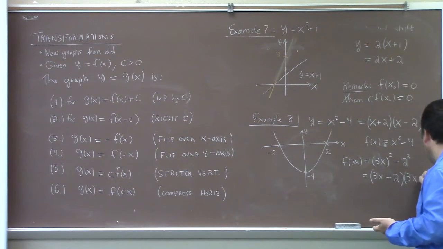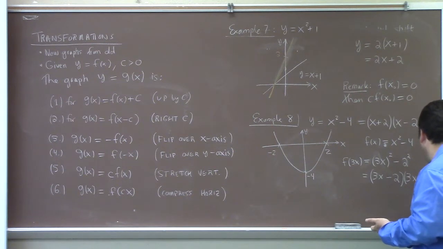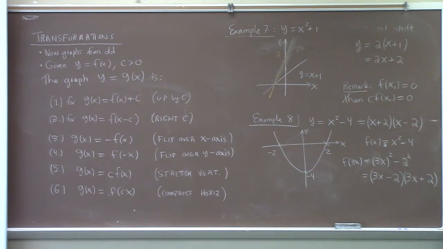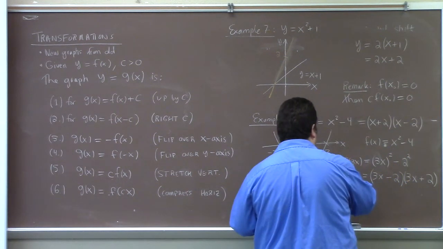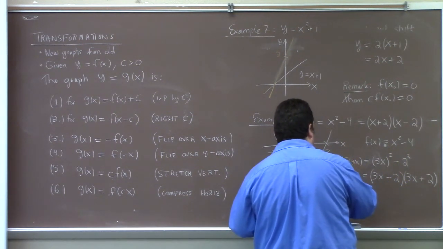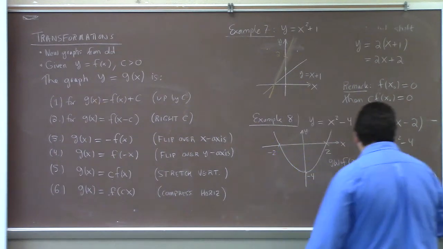That would be the lazy thing to do here, and so that's the right thing to do. So where are the zeros of this new function? Let me call this g of x, because that's what I've been calling it. What are the zeros of this transformed function g of x?